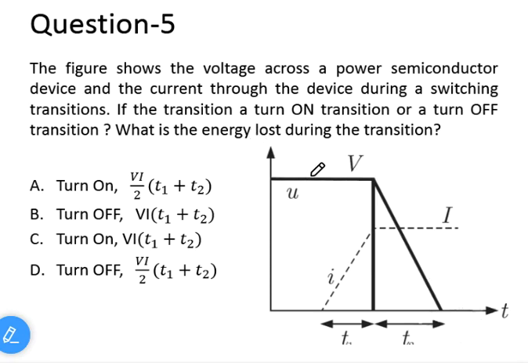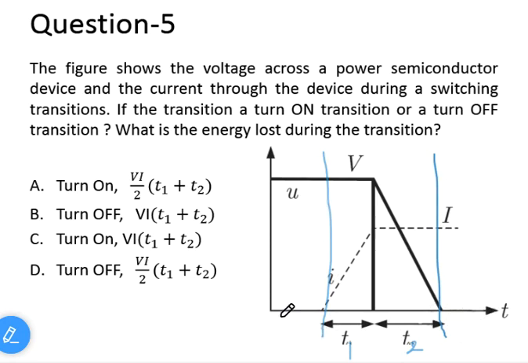Initially the voltage is high, and later the voltage becomes zero. Initially the current is zero, and the current increases to some steady-state value. There are two times, T1 and T2. Up to T1, the switch is in the off condition. After T2, the switch is in the on condition because voltage is zero and current is passing.